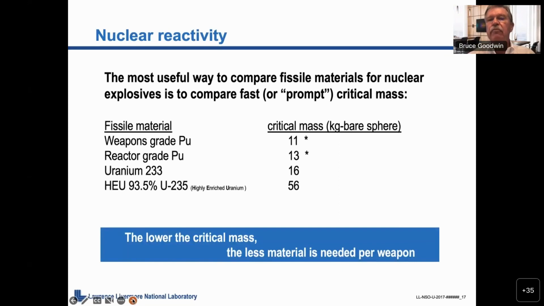You might not even be able to tell the difference in weight if you held them in your hand. Whereas uranium-233 is 16 kilograms, and highly enriched uranium, which no one would argue isn't usable in a nuclear weapon, is 56 kilograms. So any of these would be better than highly enriched uranium. And the lower the critical mass, the less material you need to make a weapon.